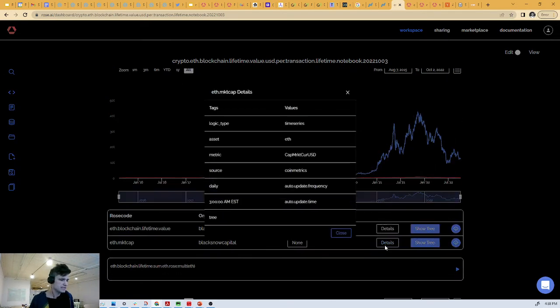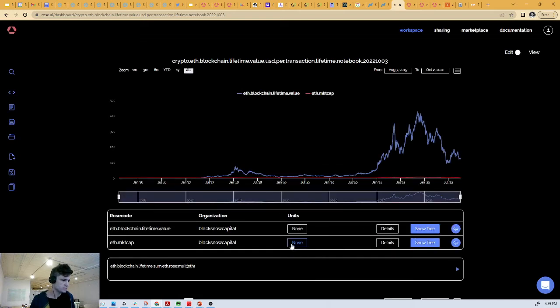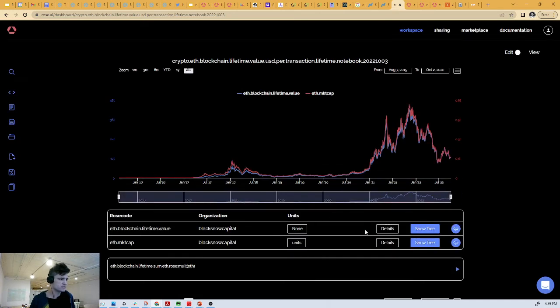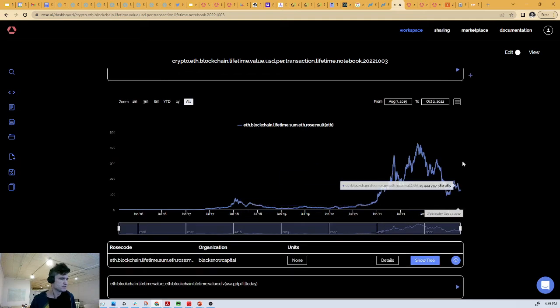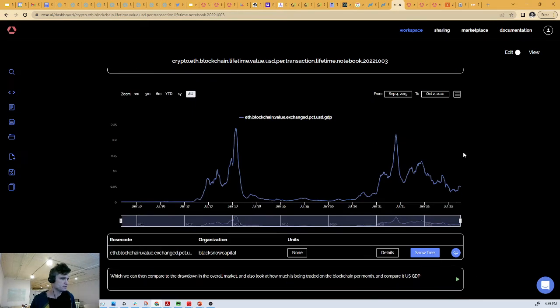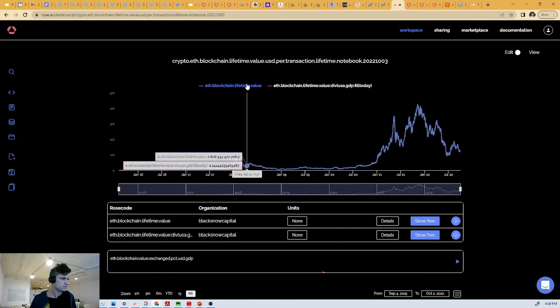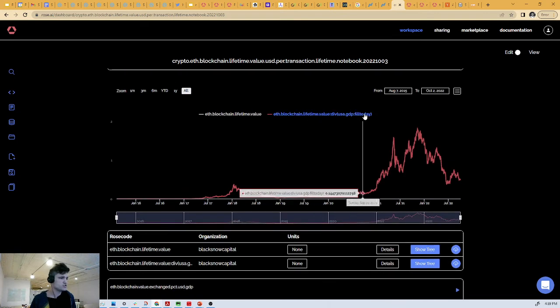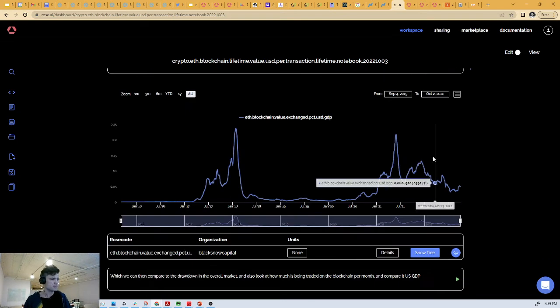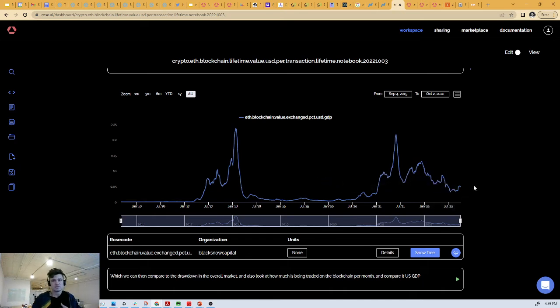Okay, another way to look at that data here, same units, same thing, right? This chart is just saying take that value and divide it by US GDP. That's what this chart is saying. Another way of saying how much activity is occurring.